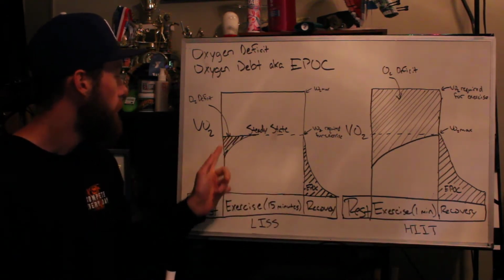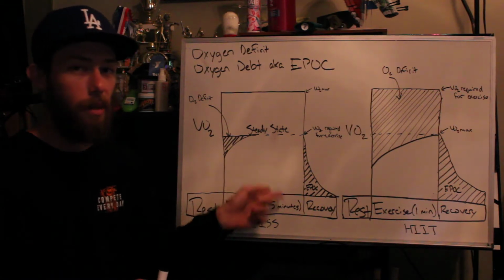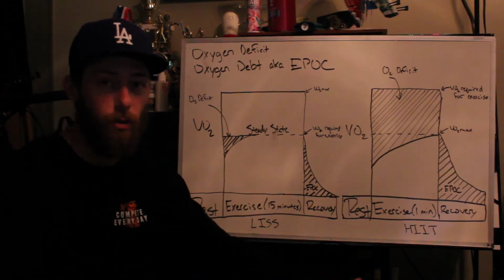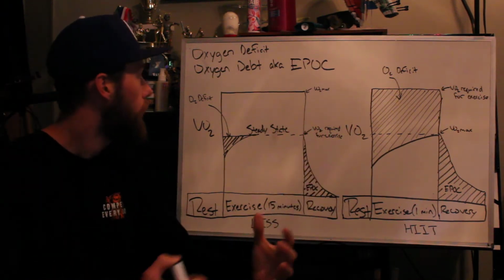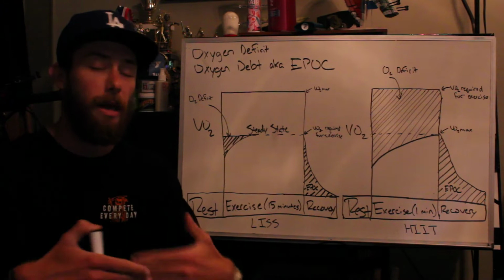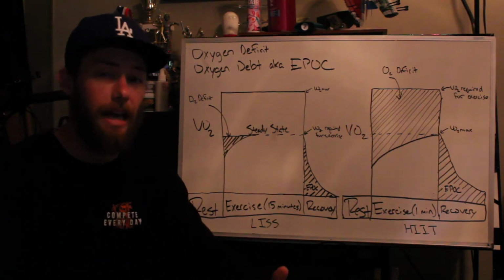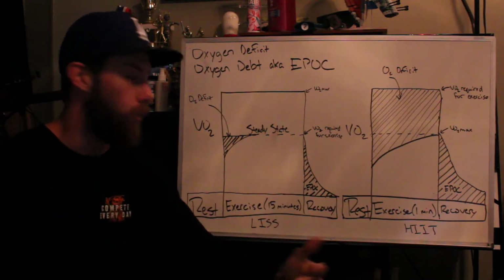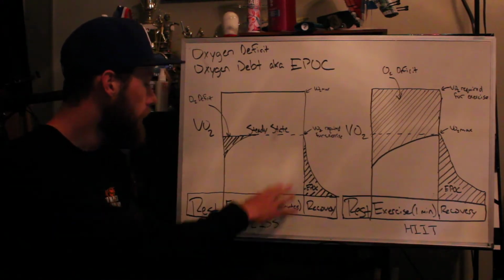Because your deficit wasn't very high, you don't have to pay back much of a debt at the end, oxygen-wise. You can think of it financially. You don't take a very big loan, then you don't have to pay back a very high debt, right? You have a big loan, you pay back a lot more debt, okay? And that's the recovery.